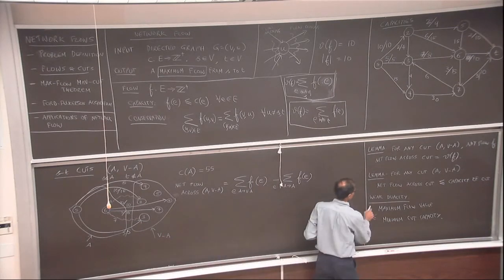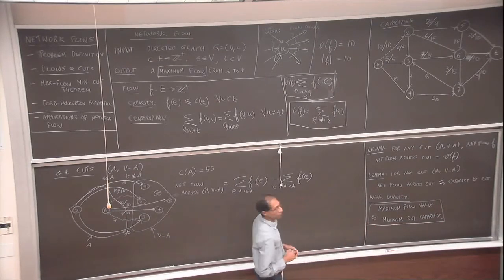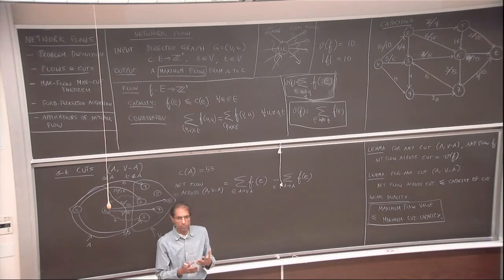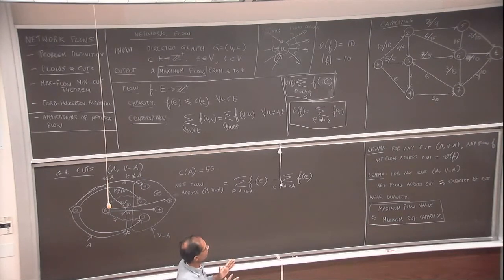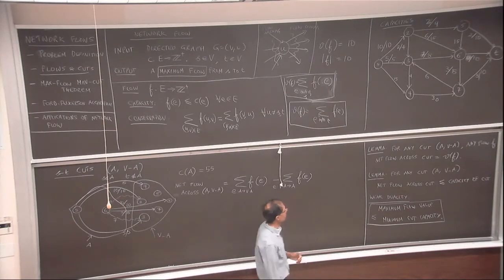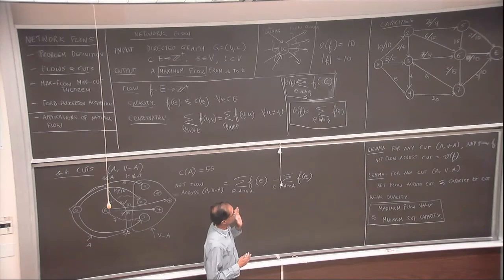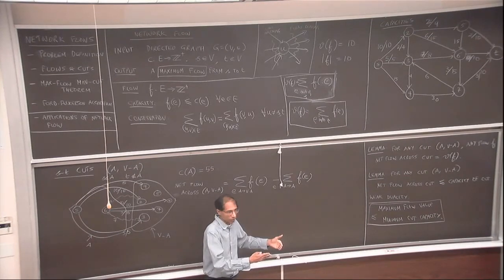One of the most interesting observations that is sort of intuitive, but comes out directly from whatever observations we have made. Remember, any flow value, so you look at the value of the flow, that value of the flow is the net flow across every single cut, right?